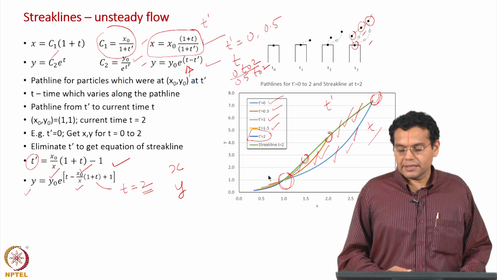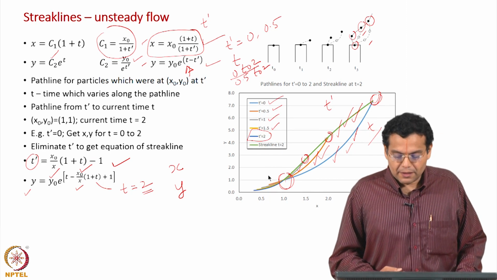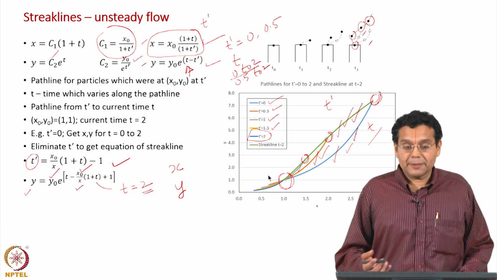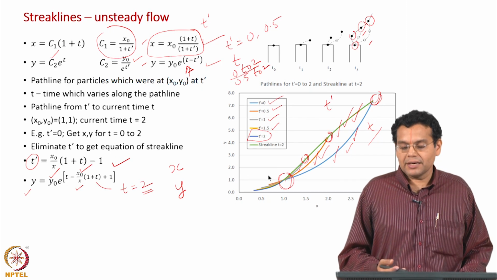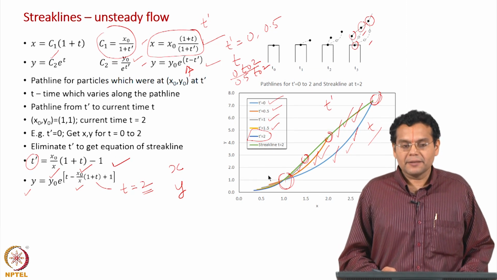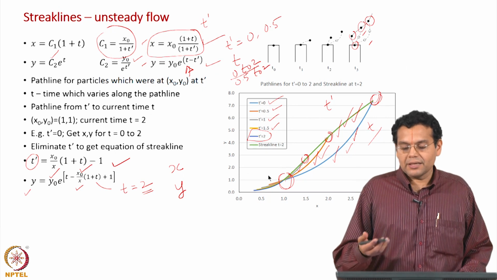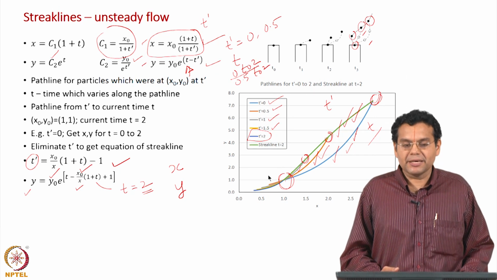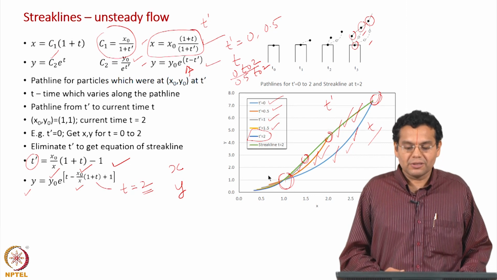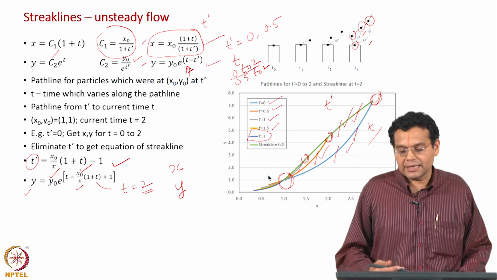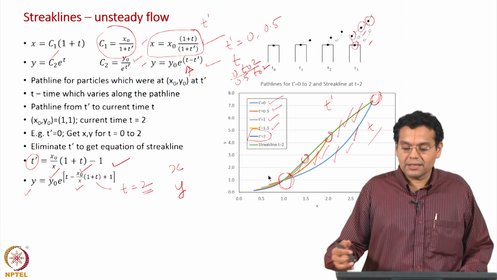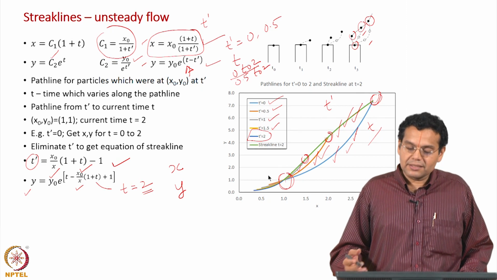These streak lines are what we experimentally measure, as I have told earlier, by injecting a dye or a smoke. If it is a gaseous medium, inject smoke, let us say colored smoke. If it is a liquid medium, we inject a dye, and what we measure is this streak line.